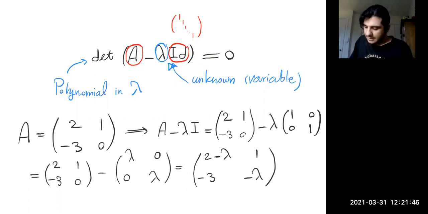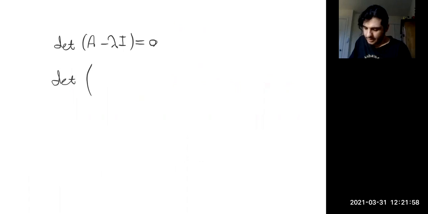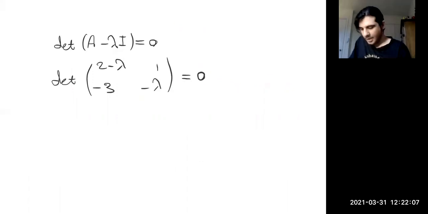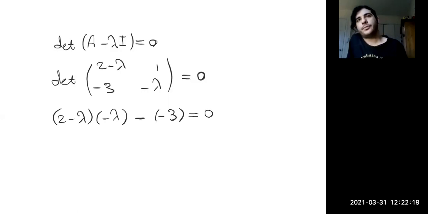And what we want is for the determinant of that matrix to be 0. So the determinant of A minus lambda I being 0 tells us the determinant of the matrix with entries 2 minus lambda, 1, minus 3, and minus lambda is 0. So what is the determinant of this matrix? It's 2 minus lambda times minus lambda, minus negative 3 times 1, which equals 0.